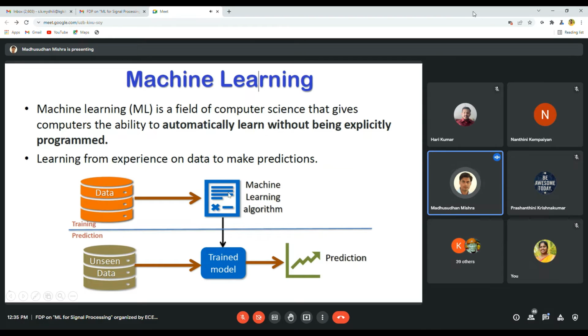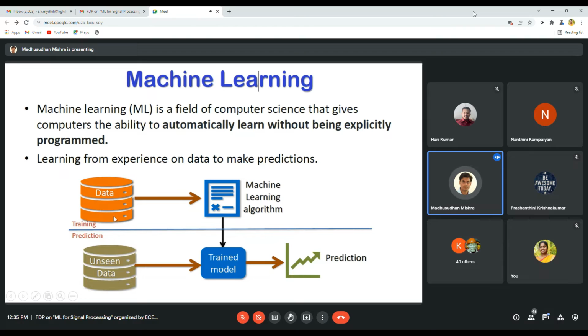It will make some features, and then it will try to learn. And then when we want to test it, based on this machine learning algorithm, it will train the model that if these features come, you have to tell that this is this kind of data.